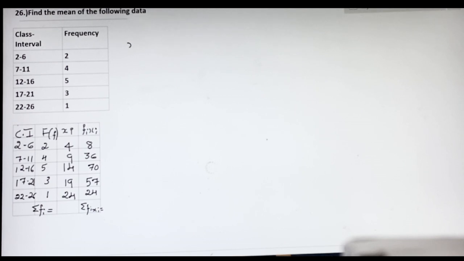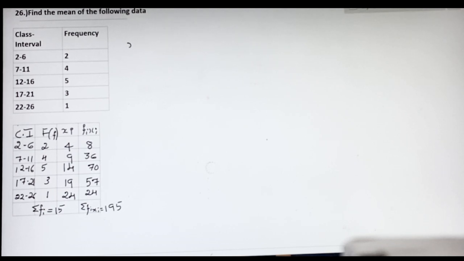If I add all the column 2 fi values, I get the sigma fi answer. So here the answer is 15. In the sigma fi xi, 195 is the answer. How did I get this 195? I added all these fi xi values.